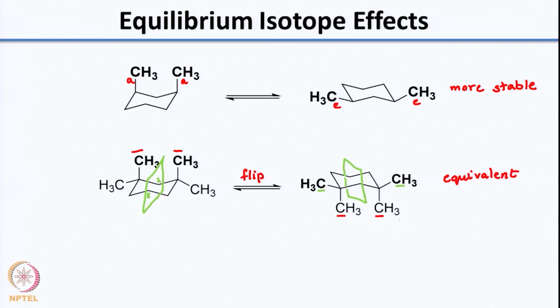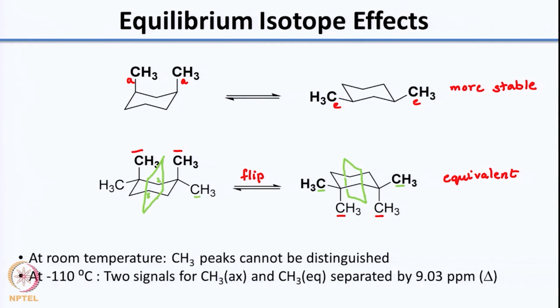So, if you measure the NMR spectrum at room temperature, all of these will come as a single line because the ring is flipping. So, it is not that you are arresting the axial methyl or the equatorial methyl separately, it keeps flipping. So, what is axial here becomes equatorial here.